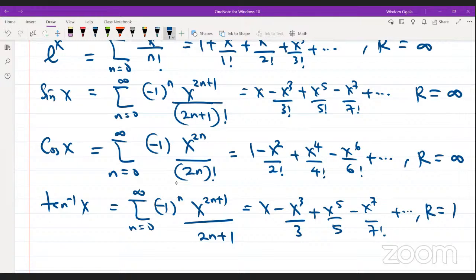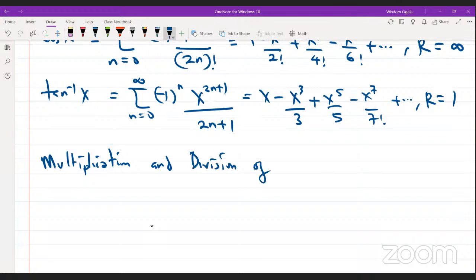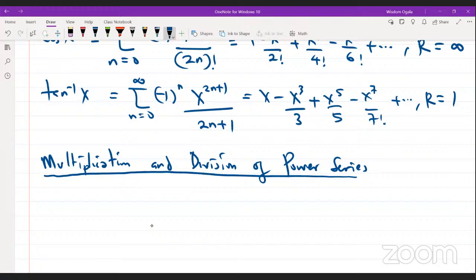Okay. So now let me talk about multiplication and division of power series. Just like polynomials, you can actually add or subtract power series.